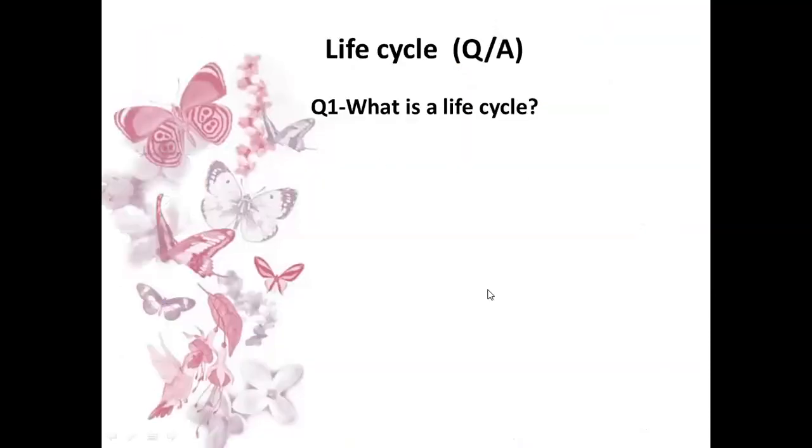Our next chapter is life cycle. So first of all, let's shortly discuss what we have learned in this chapter. We learned that a life cycle is something that happens over and over again.